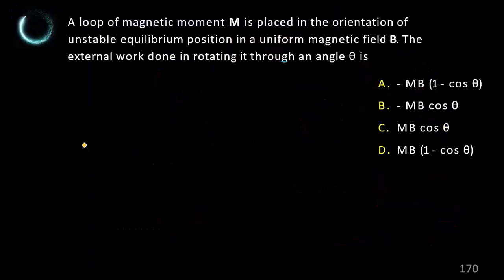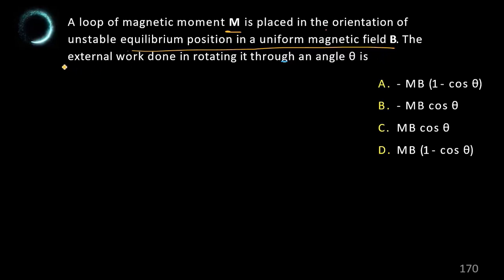ঠিক আছে? The loop of magnetic moment M is placed in the orientation of the unstable equilibrium position in a uniform magnetic field. Unstable ছিল, the external work done rotating it through an angle theta.